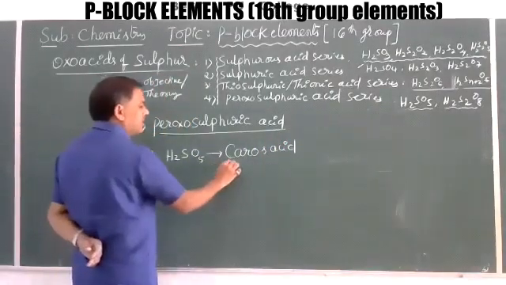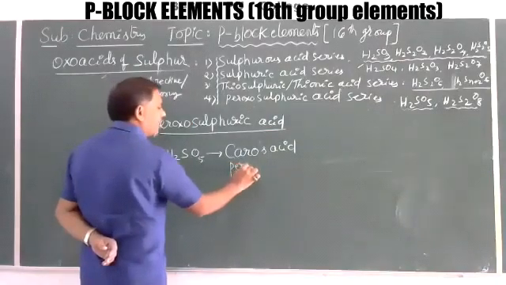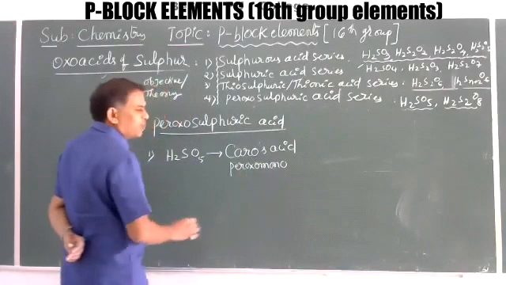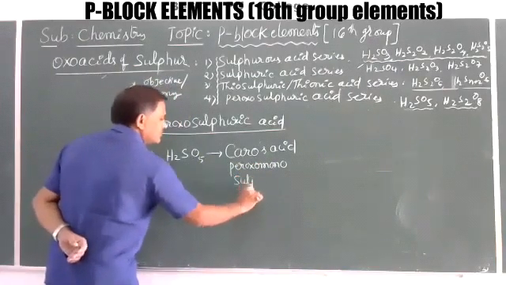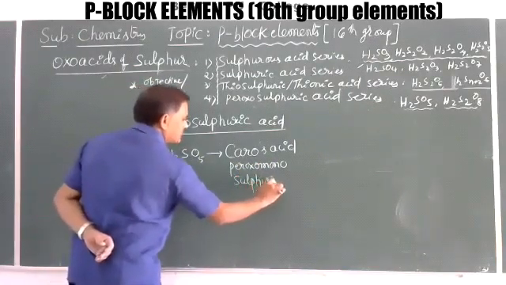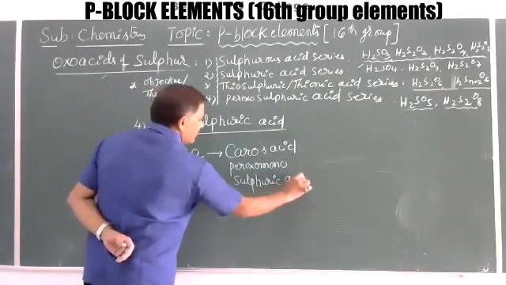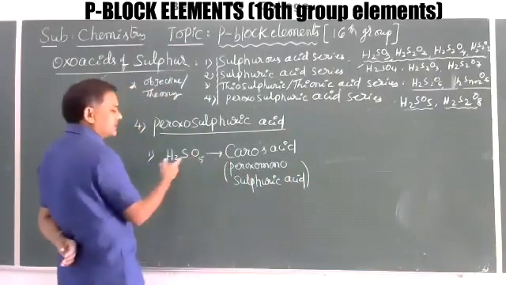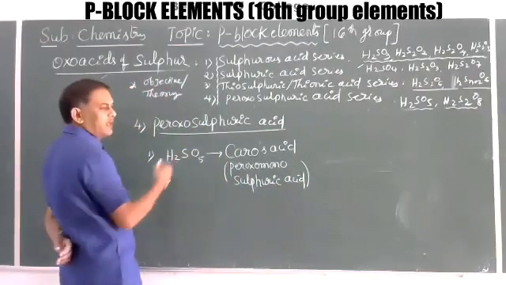This Caro's acid is also called peroxomonosulfuric acid, or Caro's acid, H2SO5.